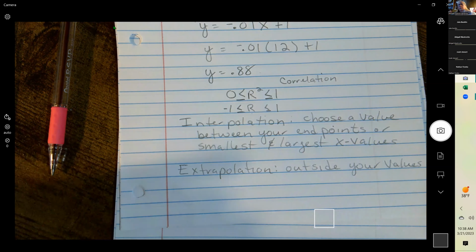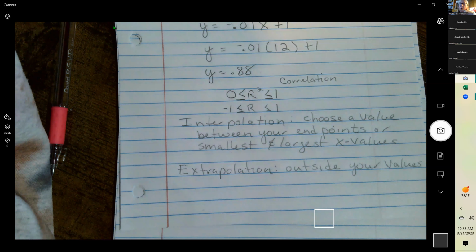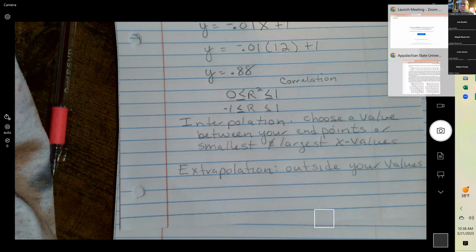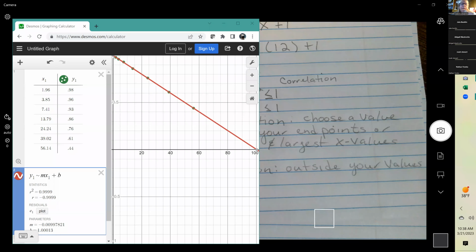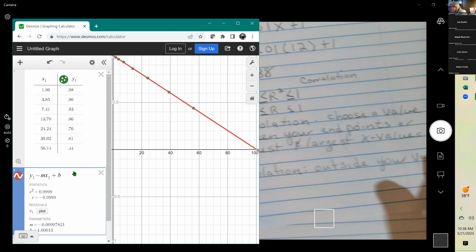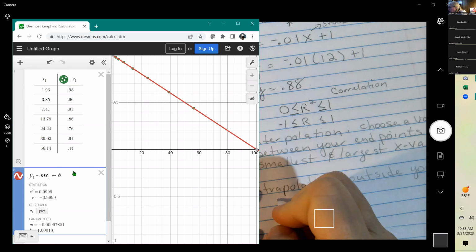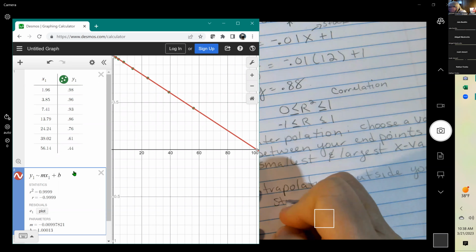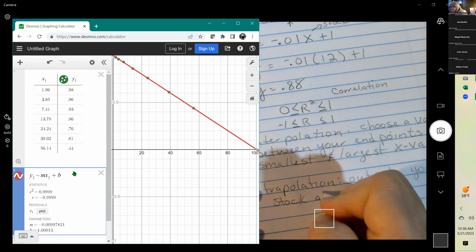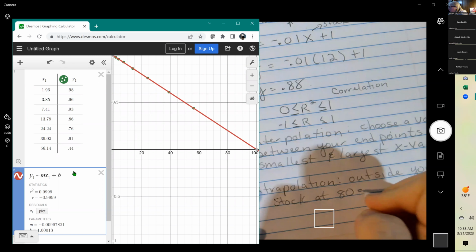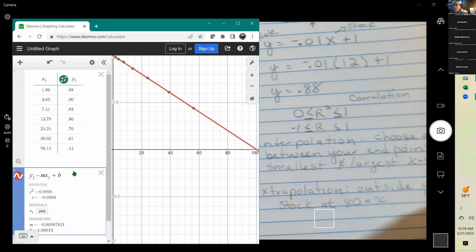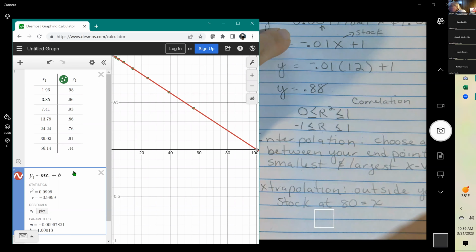So an example of extrapolation on the one that we did, let's go with the graph. Anything above 56. So if we did 80, and our stock is our X, then we just plug that into the equation.